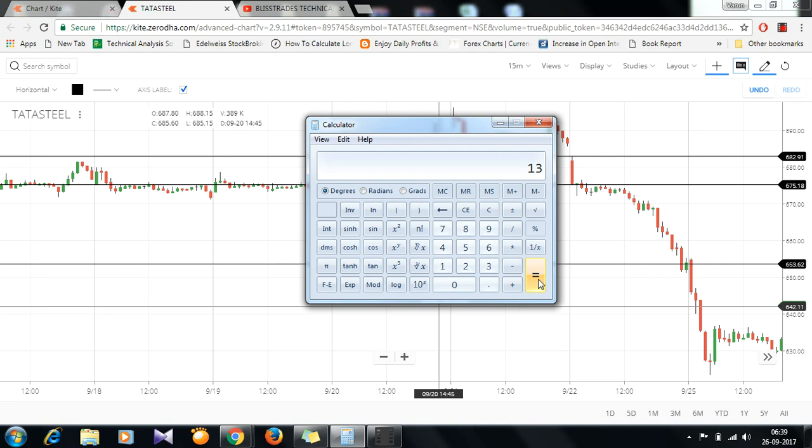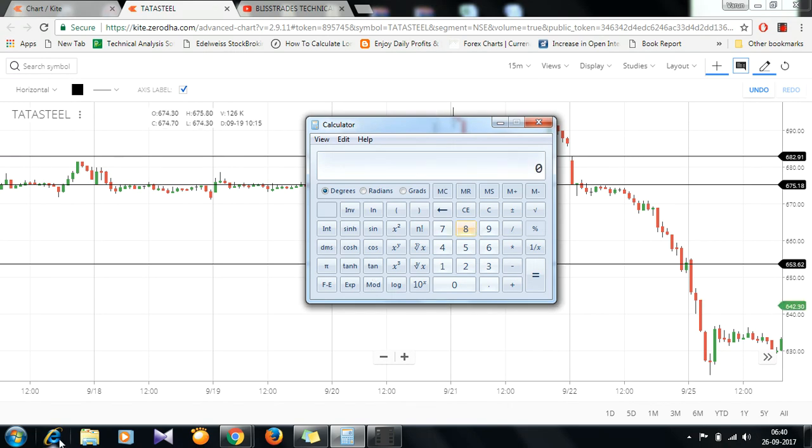So I divide 15,000 by 13, that is 1153 shares. So these are the number of shares which I buy of DCB if I am taking it as a positional trade, that is, I am carrying it for more than one day.